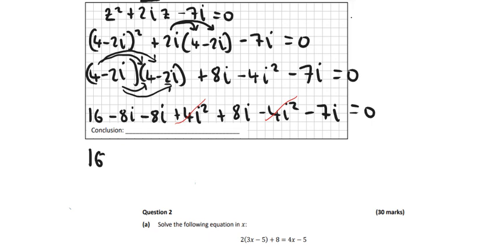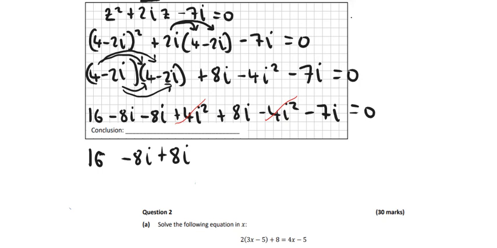So 16. Now I'm going to put anything that's real together. 16 is the only real part that's left. There's no other part that doesn't have an i on the end of it, so we'll just leave 16 there. And then you've got minus 8i plus 8i. I could have cancelled those out as well, but I didn't.